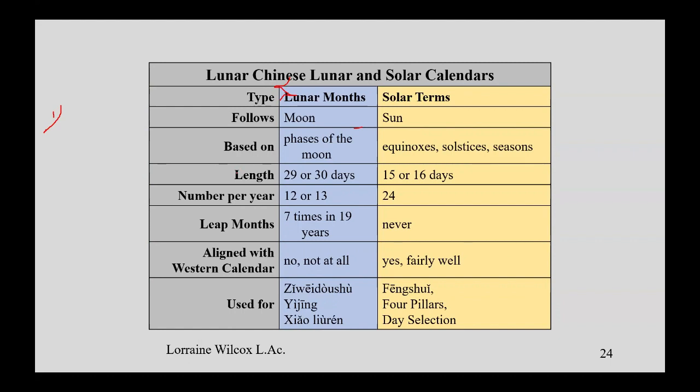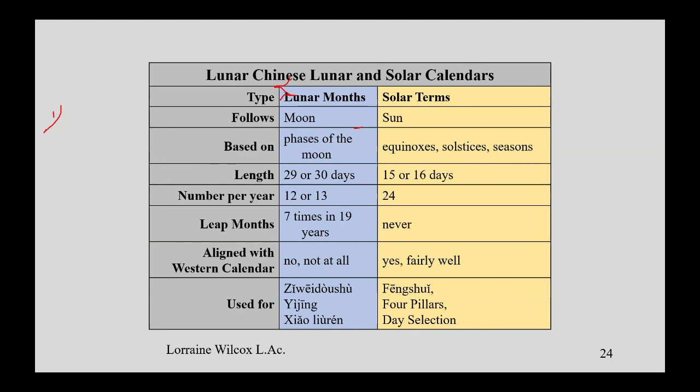So 7 times in 19 years. And that's a standard, whether it's the Jewish calendar or the ancient European lunar calendar, if you want to keep it synced up, then 7 times in 19 years you need to have a leap month.